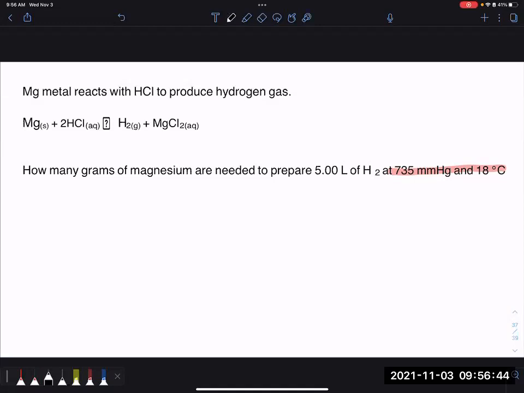All right. So we're gonna start with what we're given, but for reaction equations, again, we have to be in moles. So we have to know the moles of hydrogen in order to use it to figure out how much magnesium.